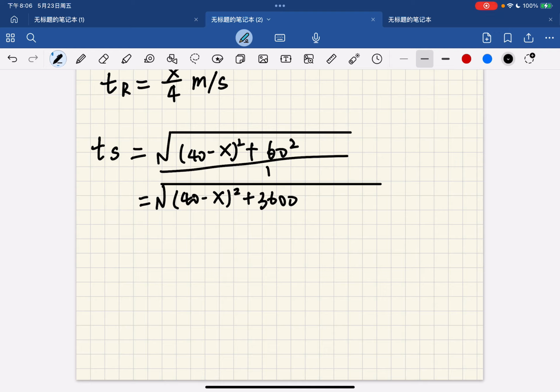So we need to add the time of running and the time of swimming. That will be the total time.